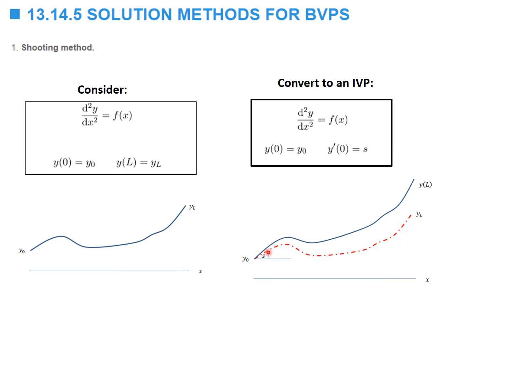Now, the shooting method involves changing the value of s until the numerical solution at x equal to l matches the given boundary condition.